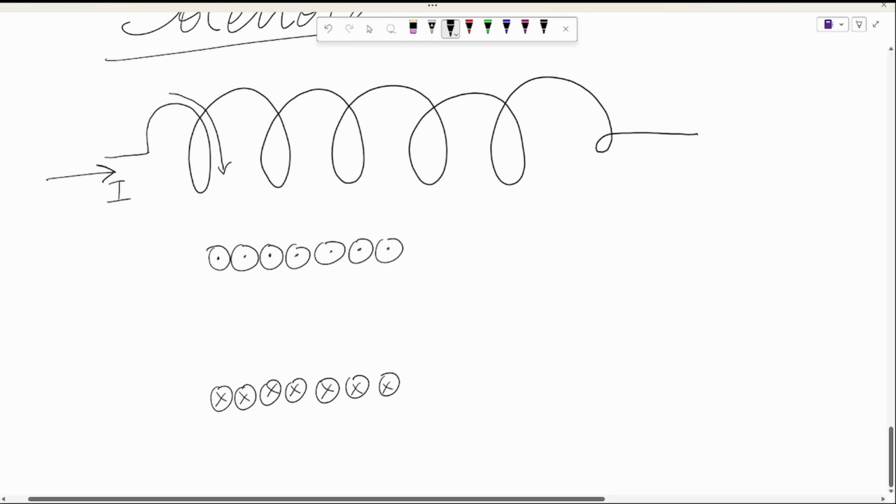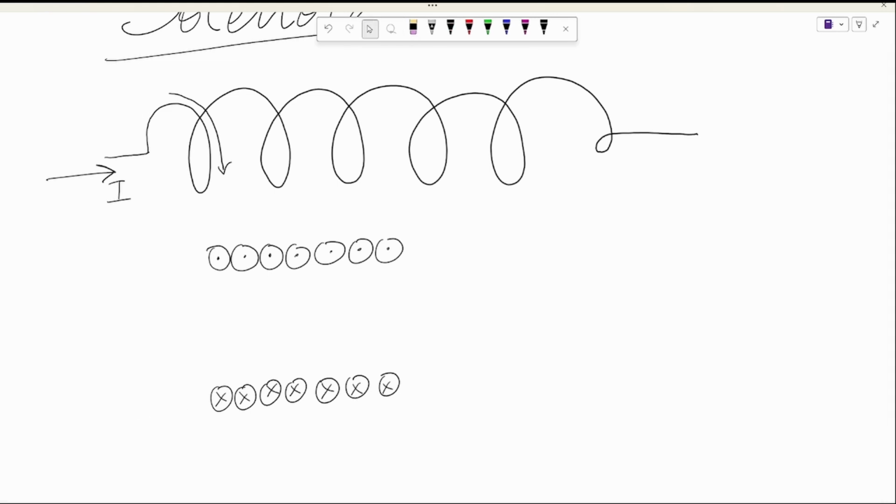So the million-dollar question is, what is the B field at some point in the middle? Let's assume for a second that this solenoid is infinite. Actually, no, we don't have to assume it's infinite.